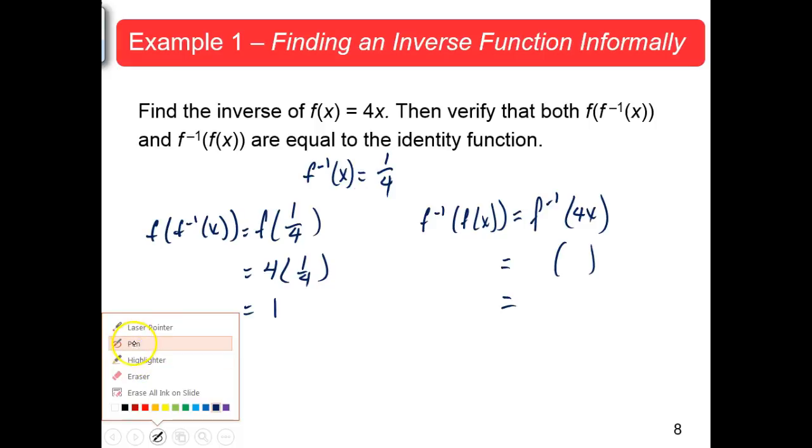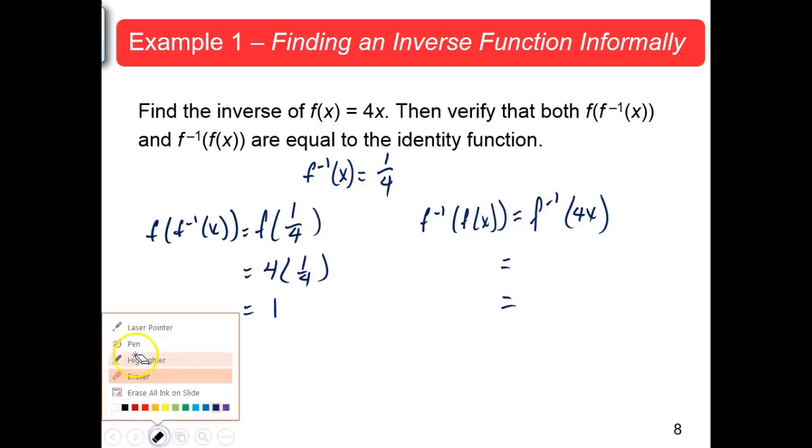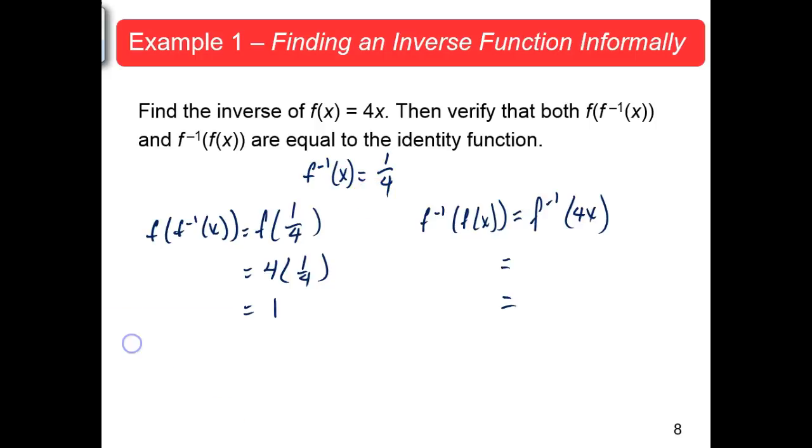It is 1/4. No matter what you put in there, f inverse is 1/4. So f inverse of 4x is, according to what you said here, 1/4. Okay? So that would be 1/4. And guess what? 1 and 1/4 are not equal. So that's not right. But you're not far off.